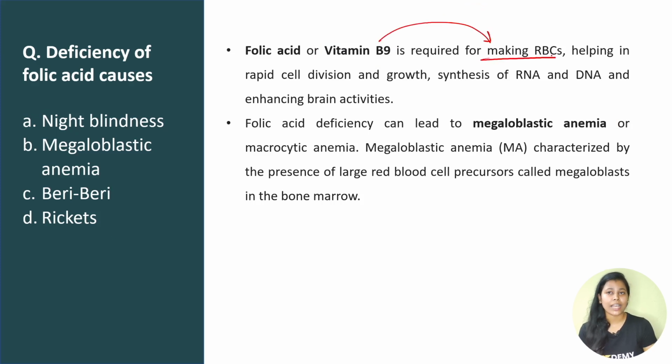So if there is low folic acid, fewer RBCs or less mature RBCs will be produced, and these less mature RBCs are quite large in size. That is why we call it megaloblastic, because RBCs will be very large in size, or we can say macrocytic. Macrocytic means the cell size is very large. So macrocytic anemia or megaloblastic anemia is happening due to deficiency of folic acid.